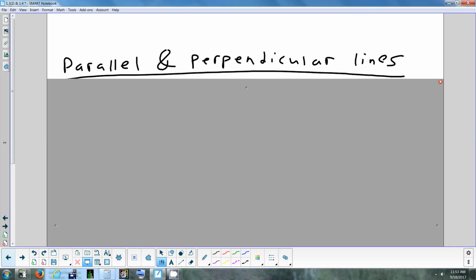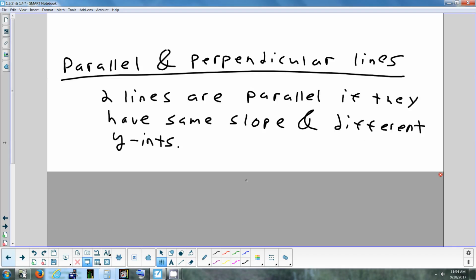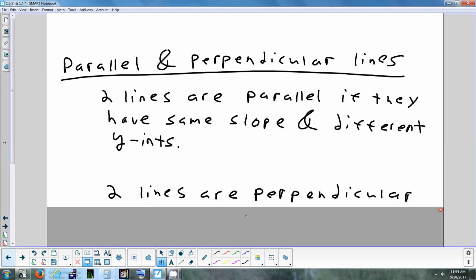Same slope, but they also have to have something else. Because I could name two lines with the same slope that are not parallel. Okay, so that means they would have to have different y-intercepts. Because if you had same slope, same intercept, it's the same line. Okay, so parallel lines, same slope, different y-intercepts. How about perpendicular?